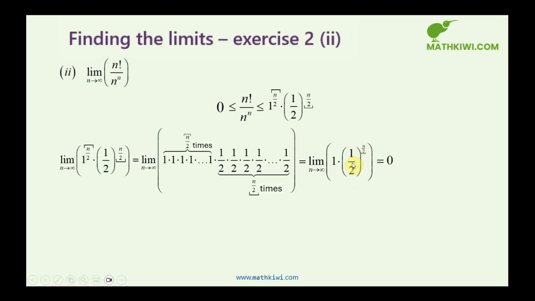So we have 1/2 times 1/2 times 1/2 to infinity. What does this tend to? Undoubtedly to 0. So we have 1 times 0, which is 0.